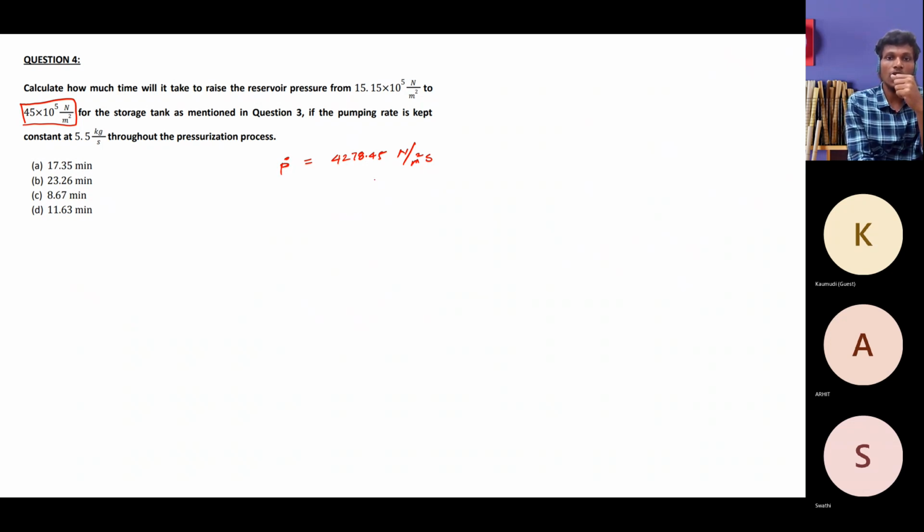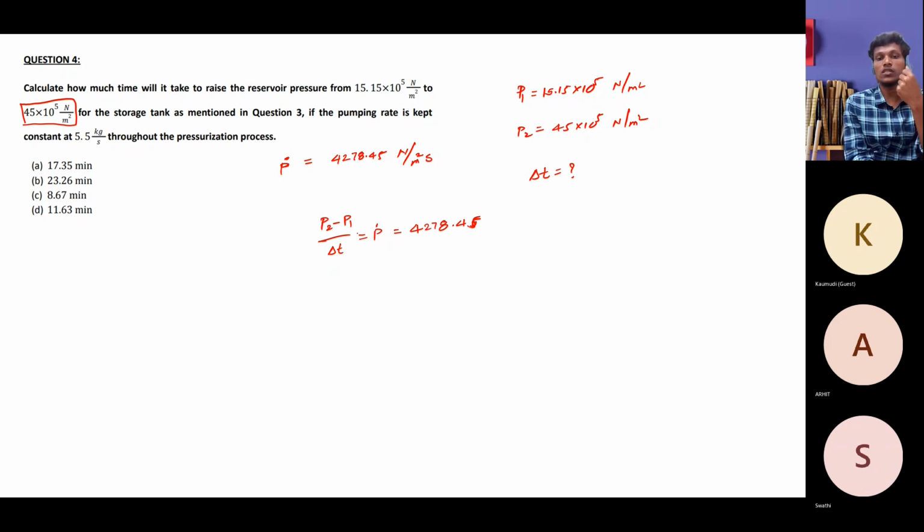So if that is the case, and your P1 is 15.15 times 10 to the power 5 Newton per meter square, and your P2 is 45 times 10 to the power 5 Newton per meter square, and they're asking for the time delta T, you have the rate of change, that is P2 minus P1 by delta T equals P dot, which equals 4278.45.